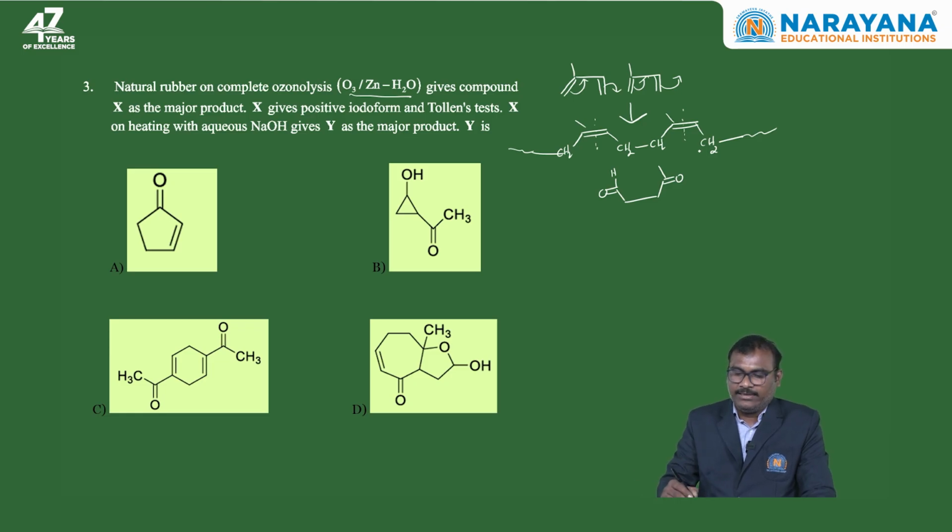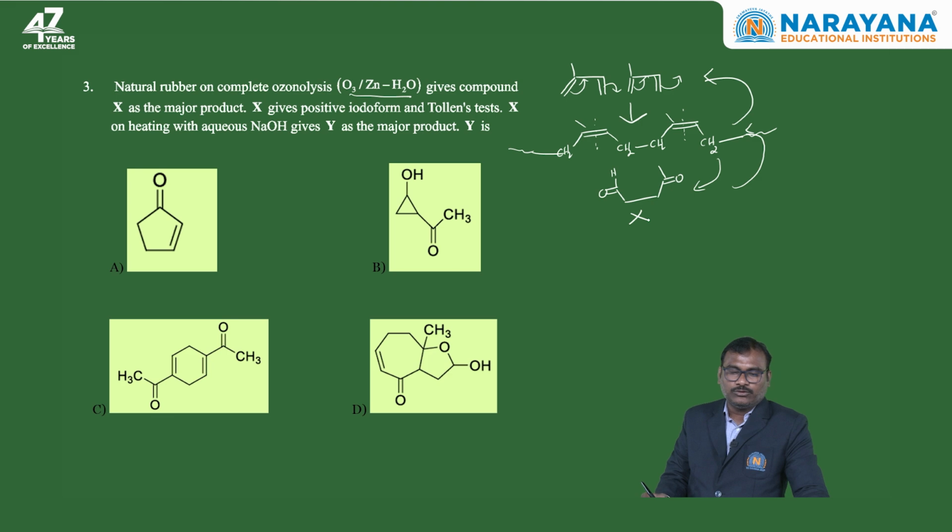In the reverse way, after taking up the rubber, upon ozonolysis, they got this compound. So, when you go in the reverse manner, we get 2-methyl-1,3-butadiene as the monomer.